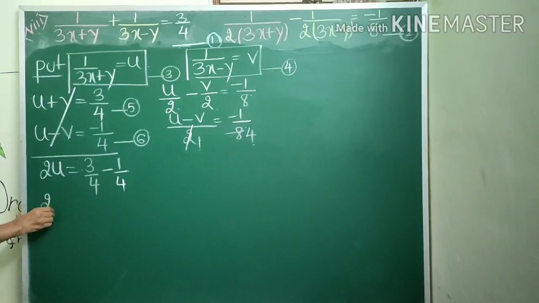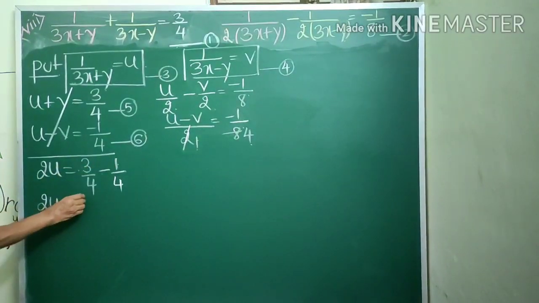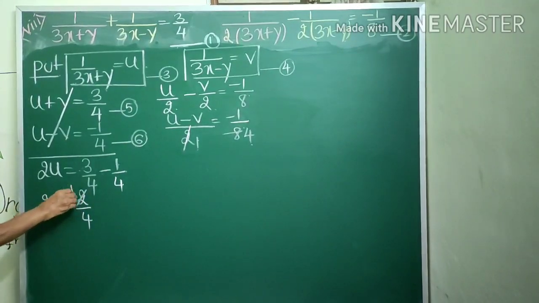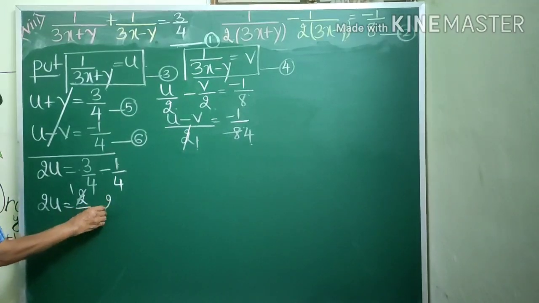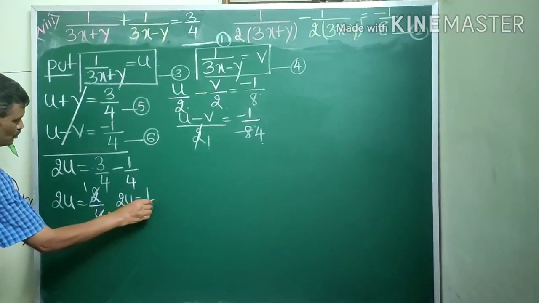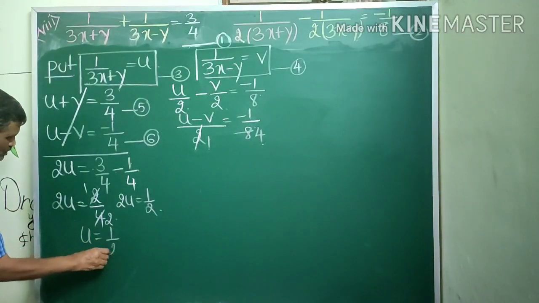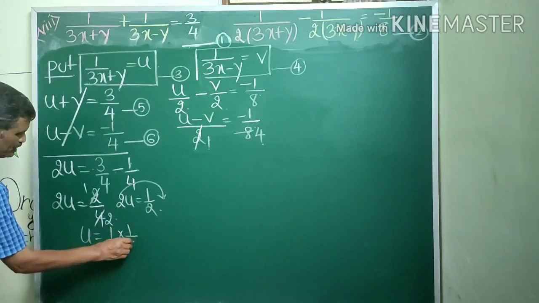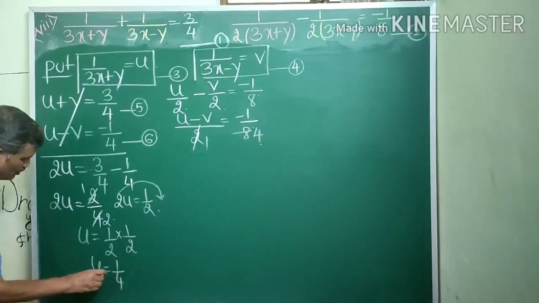So this becomes 2u is equal to 3 minus 1 is 2 by 4, and that is finally equal to 1 by 2. So 2u is equal to 1 by 2. So u is equal to 1 by 2 into 1 by 2, transposing to the right hand side. So u is equal to 1 by 4.